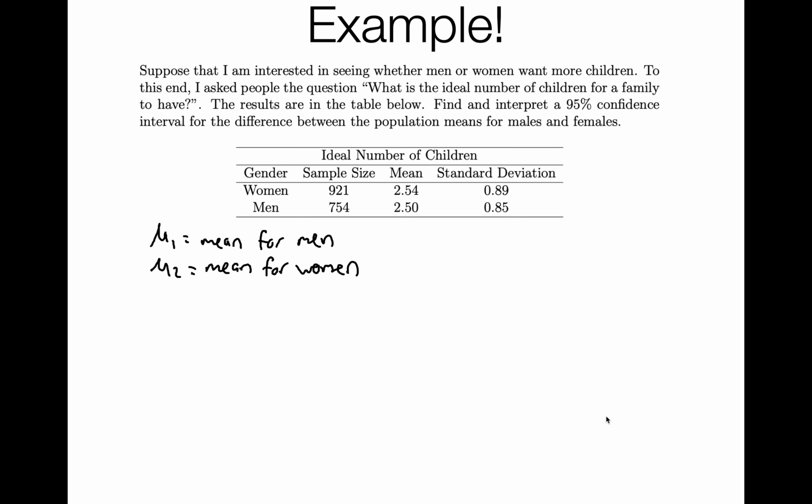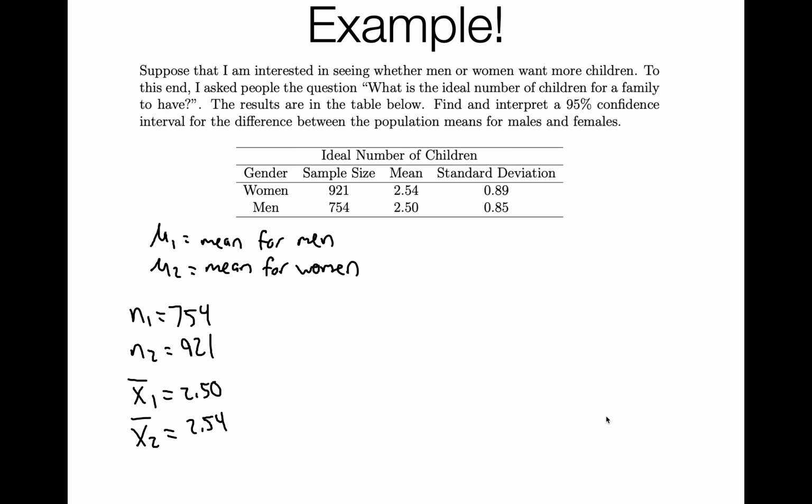And that gets us some more information. The sample size for men was 754, and the sample size for women was 921. The mean, x bar 1, for men was 2.5, and the mean for women was 2.54.